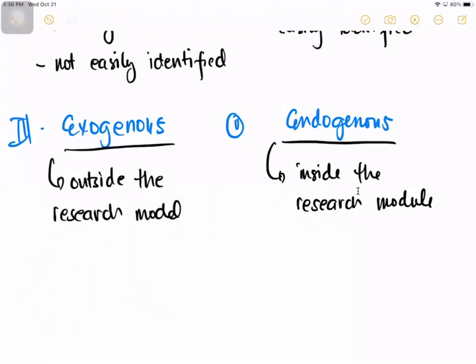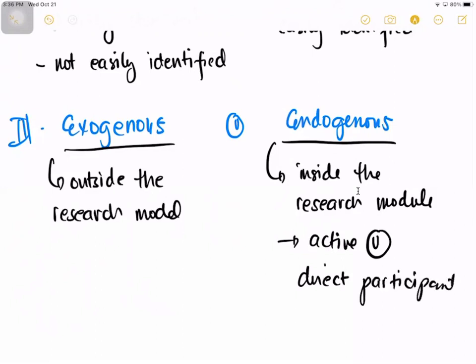But the basic principle here, class, so that you will not be confused, is that endogenous variables are usually the active variables that have direct participation with each other, while your exogenous variables could be extraneous and might be able to confound the interaction within the active variables. All right, so I think we wrap up our part two.